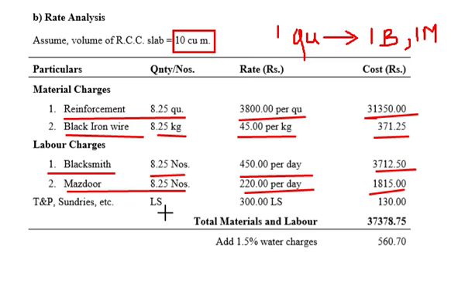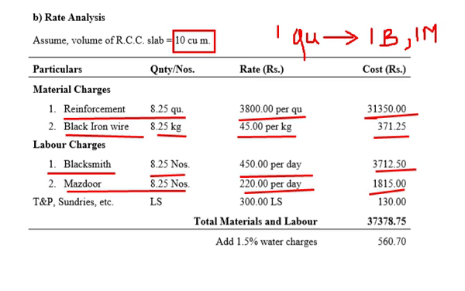Tools, plant and sundries, that is lump sum, 130. So the total material and labor cost is 37,378.75 Indian rupees.